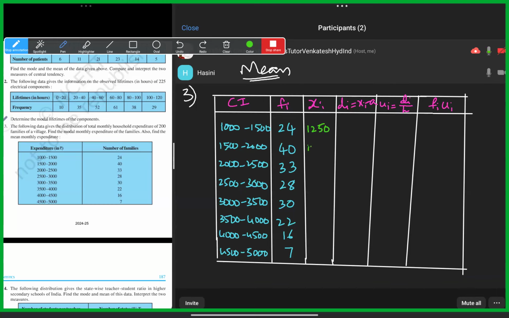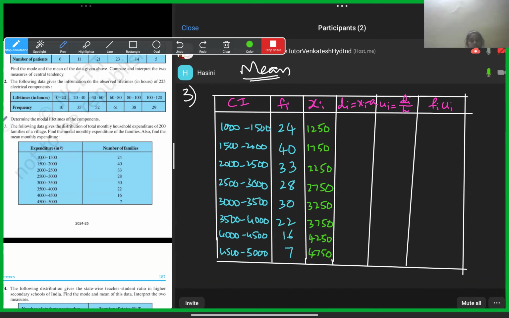Because everywhere the class size is the same, we just have to add the class size to the first xi value to get the next one. So 1250 plus 500 is 1750, plus 500 is 2250, 2750, 3250, 3750, 4250, 4750. Yes or no?